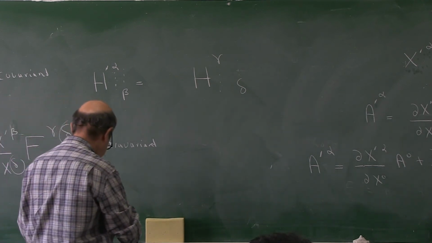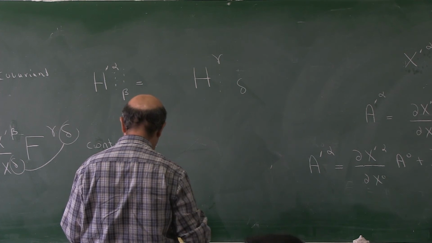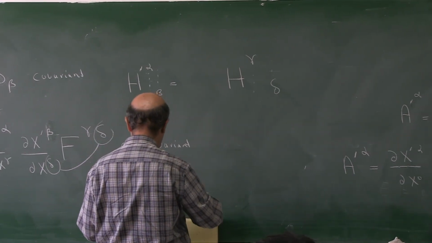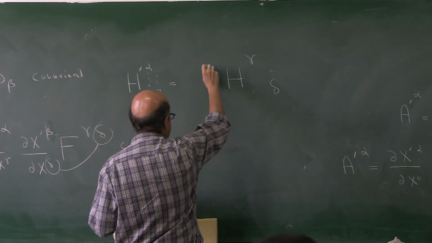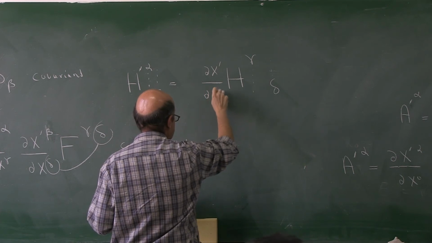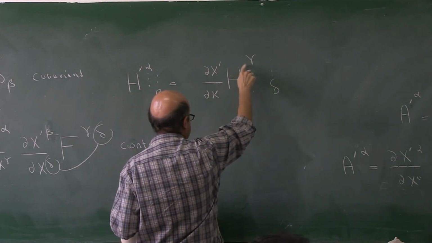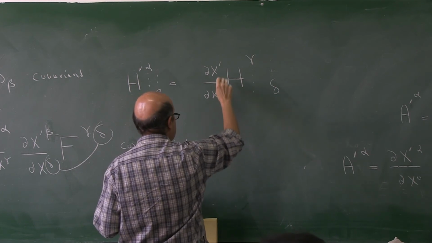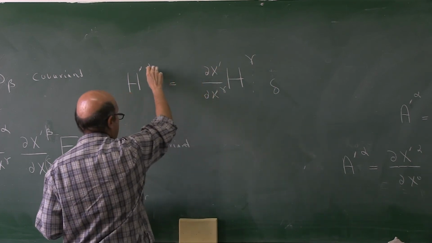So let us transform the upper one. That will be ∂x'^α over ∂x^γ, summed, leaving a free index alpha.